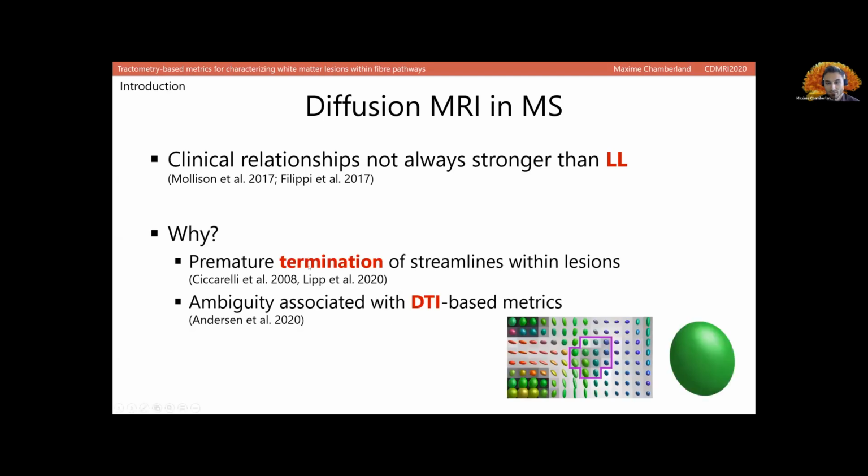First, if you look at studies that look at tracts in MS, there is a premature termination of streamlines within the lesion, even before reaching the lesion. So if your whole analysis is trying to analyze the effect of a lesion on a tract and you're not even tracking through it, there's a problem already at this stage. And of course, there is the ambiguity associated with the DTI-based metrics that we use. We all know the limitations of, for example, FA to characterize microstructure.